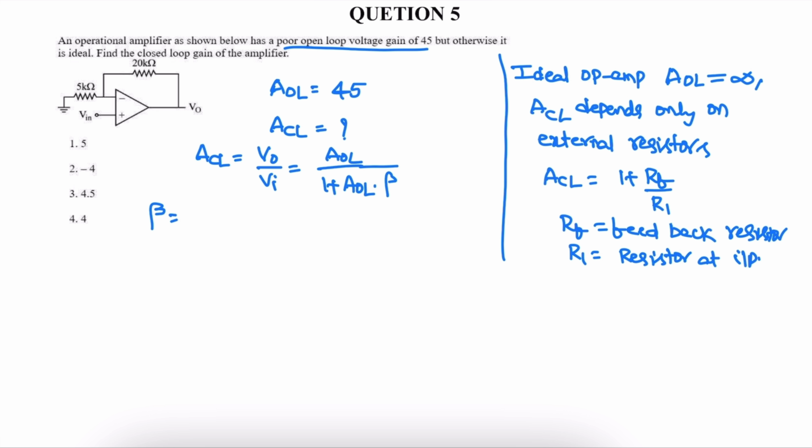Its value is 5K by 5K plus 20 kilo ohm. So feedback ratio beta value is 1 by 5. Now closed loop gain ACL is equal to 45 by 1 plus 45 into 1 by 5.